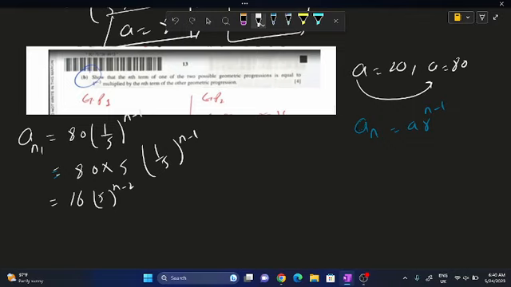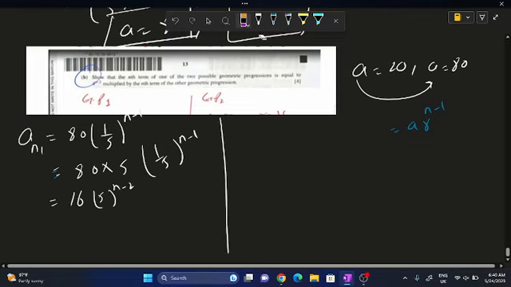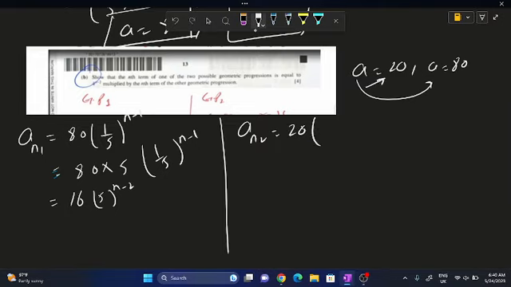Now I have to find the second geometric progression, that is an2. For an2 I have to use the remaining values of a and r that I have. So an2 would be a, that is 20, and in order to get a equal to 20, my r value was 4 by 5 in the first part, whole raised to the power n minus 1.